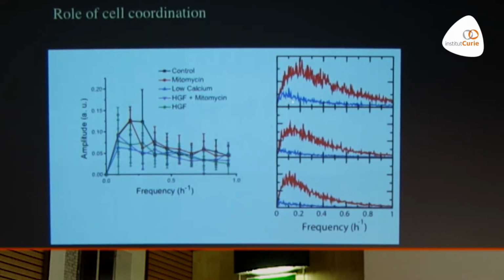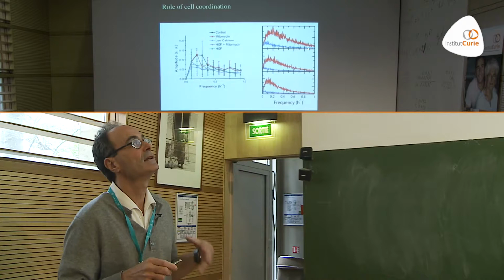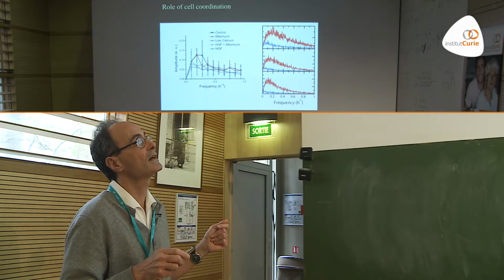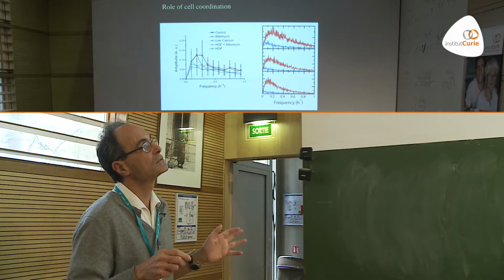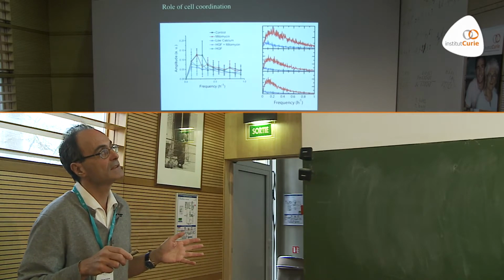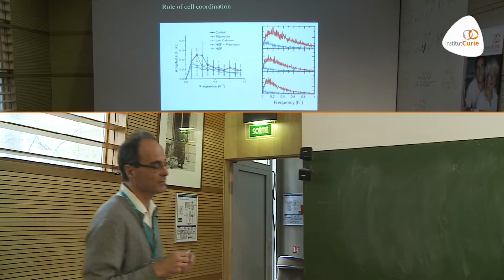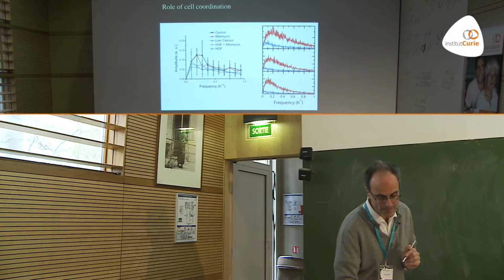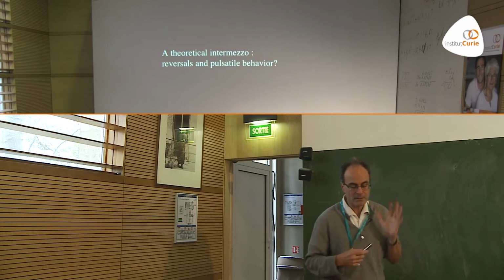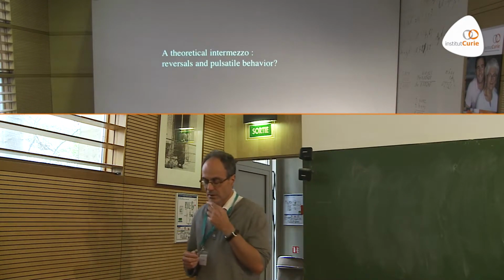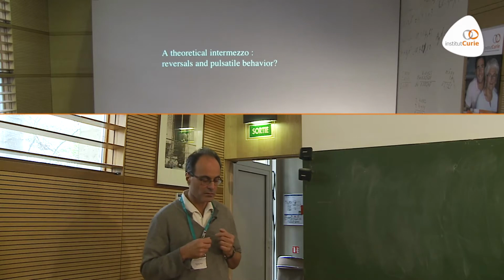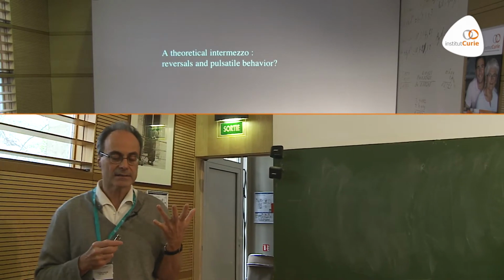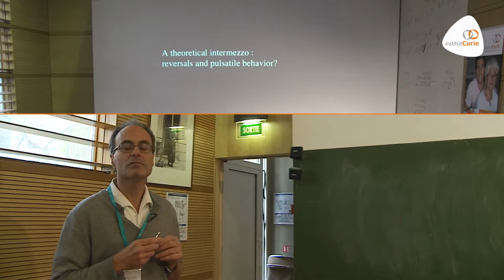And of course, you can do that in the model much more easily by just suppressing coordination, this beta term in the model, and you see that the amplitude of this oscillation is very much reduced, and the frequency is shifted. Okay, so that just shows that the model contains that. And now you can ask, where does this come from, actually?